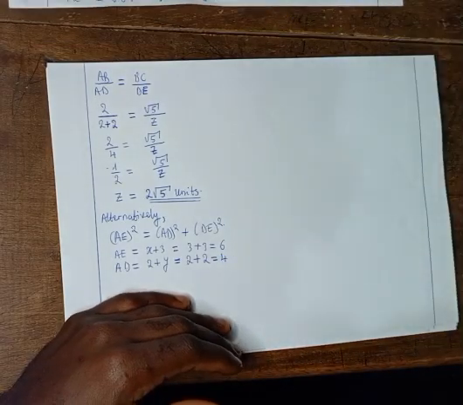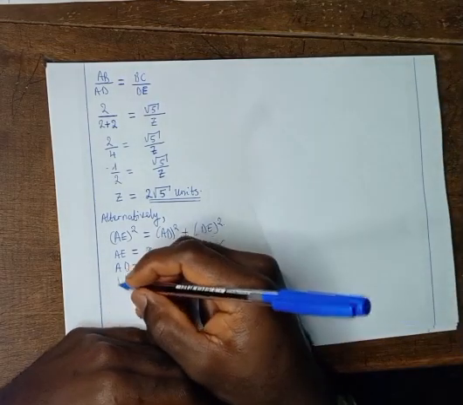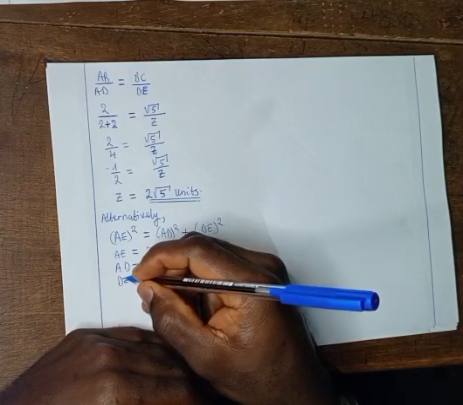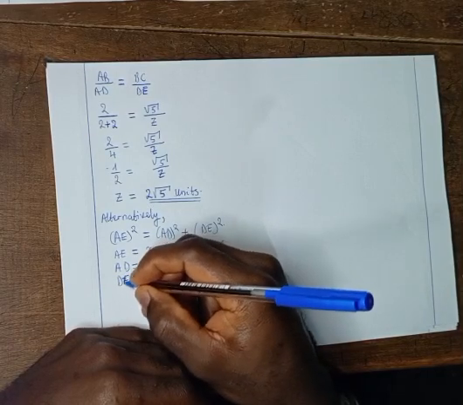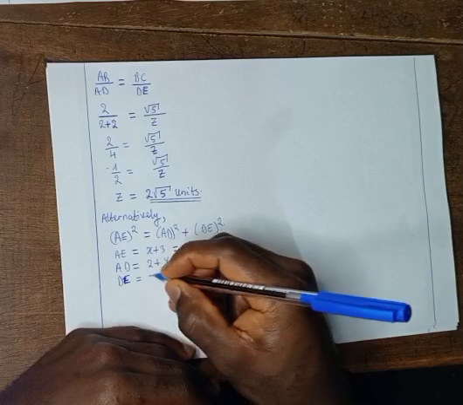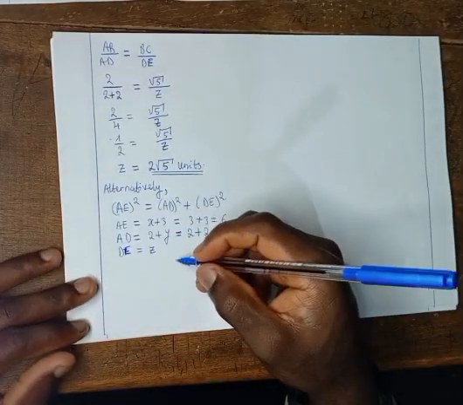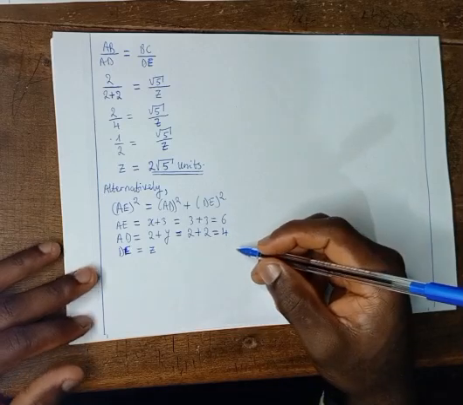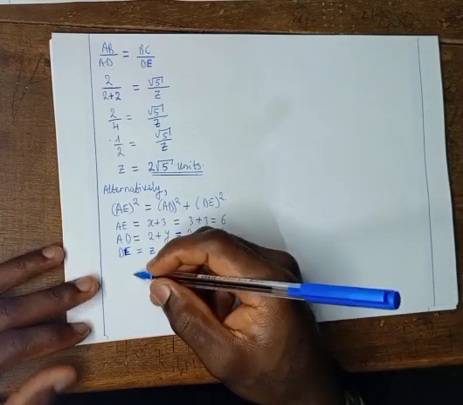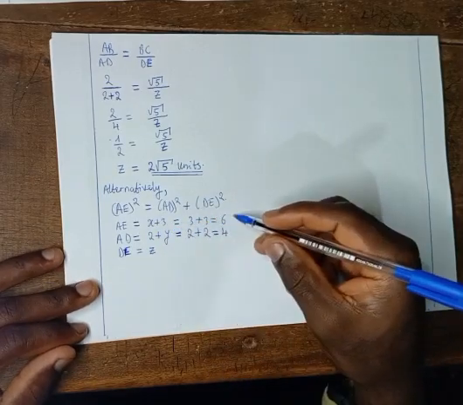And we know DE is simply equal to Z, what we are looking for. Now, if we replace them here, we know AE is equal to 6.